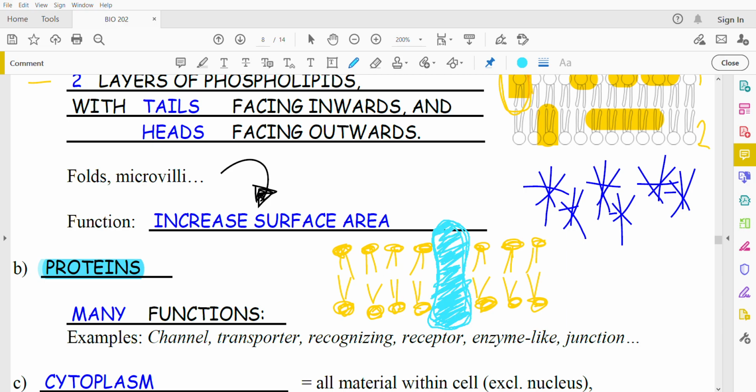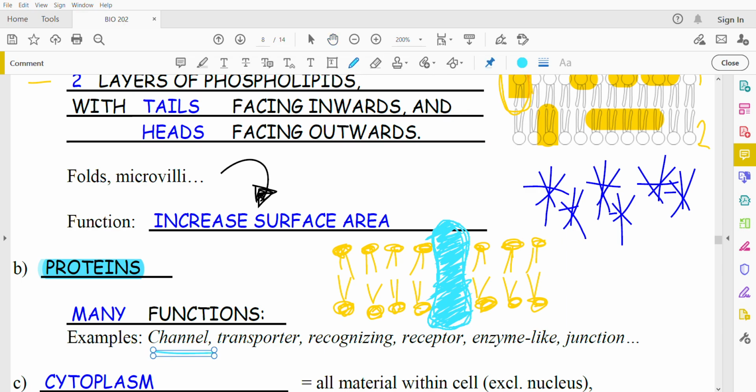So they might be like tubes for material that's too big to sneak in between these phospholipids, or if we want to have a protein that pumps substances across the plasma membrane in one direction but not the other, so they would transport things. Or what else could they do?